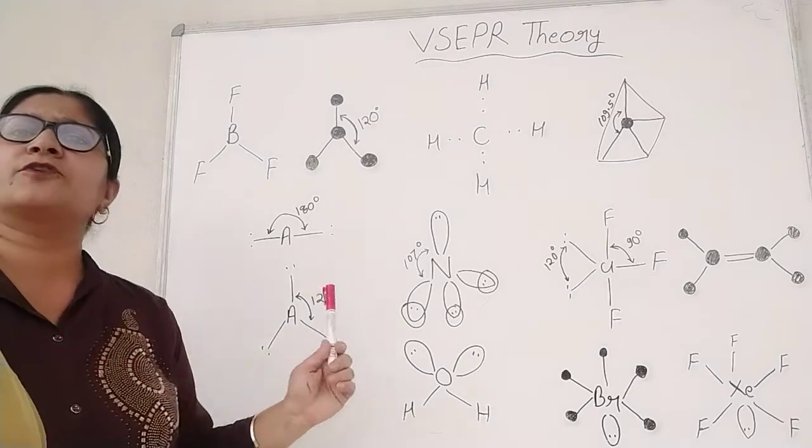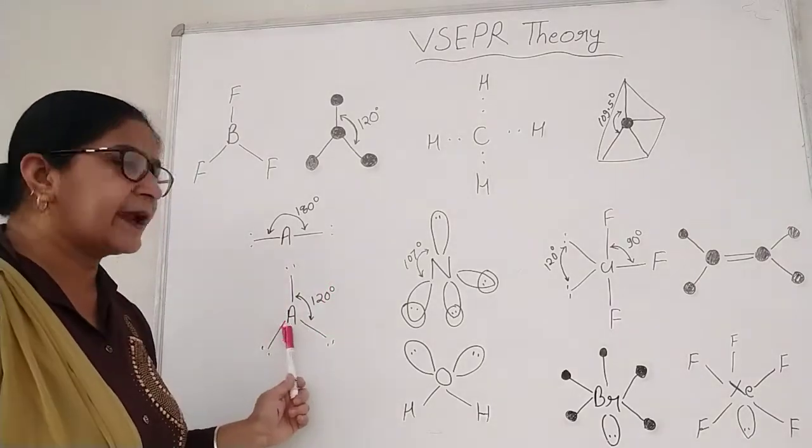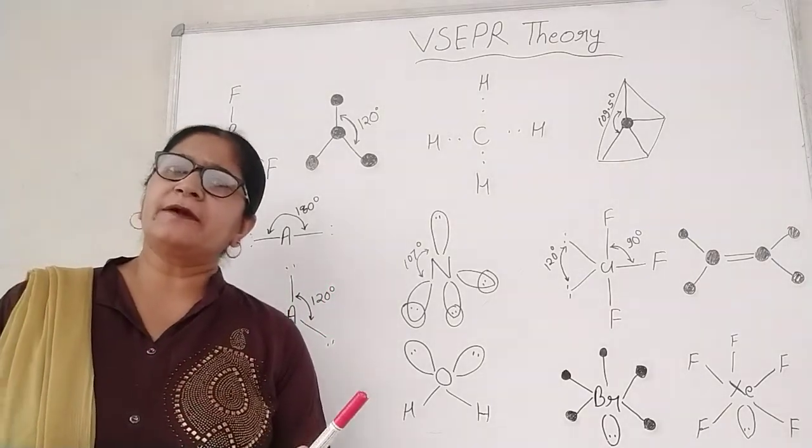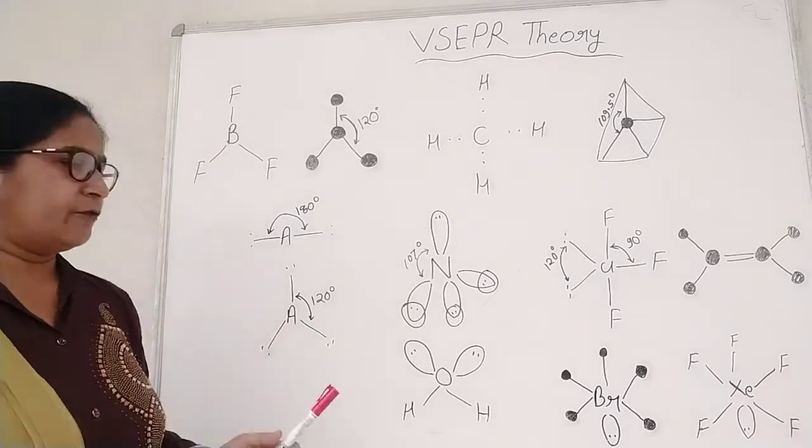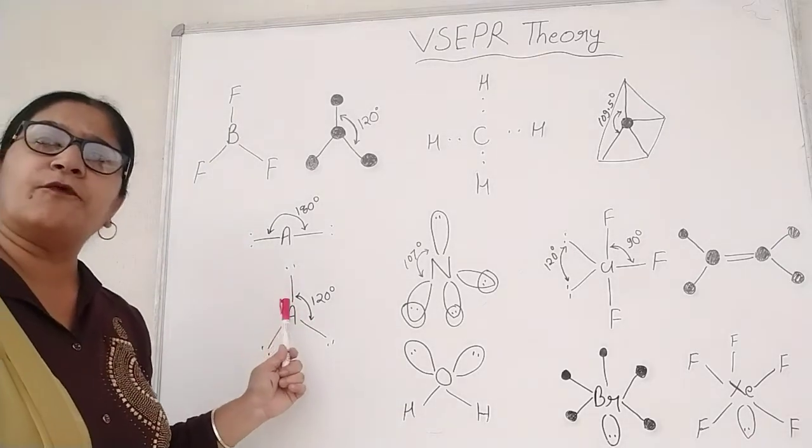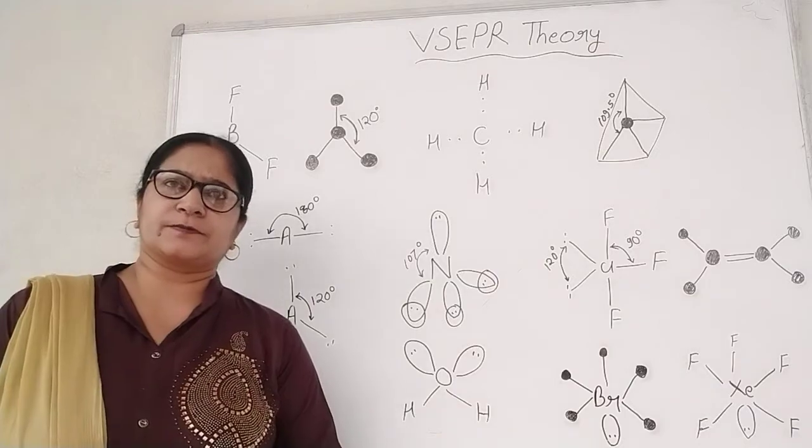Three bonded electron pairs around the central atom give a trigonal planar shape with a bond angle of 120 degrees, and so on.